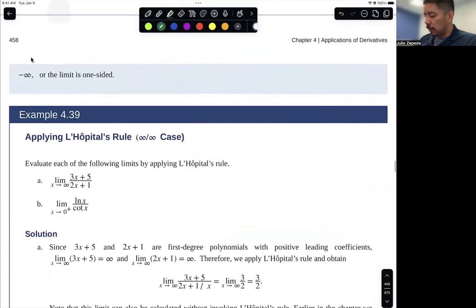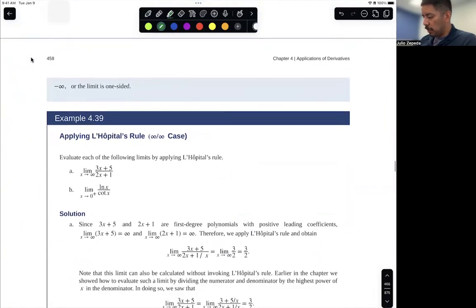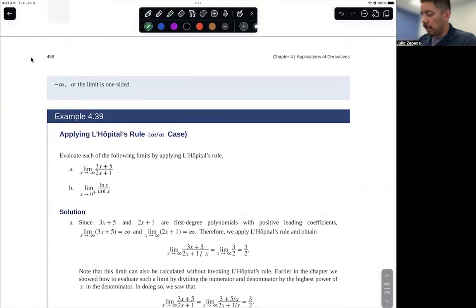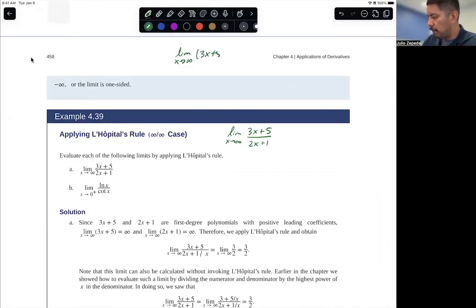Let's take a look at a couple of these problems. We want to look at the limit as x approaches infinity of 3x plus 5 over 2x plus 1. One thing we should note is that the limit of 3x plus 5 is positive infinity.